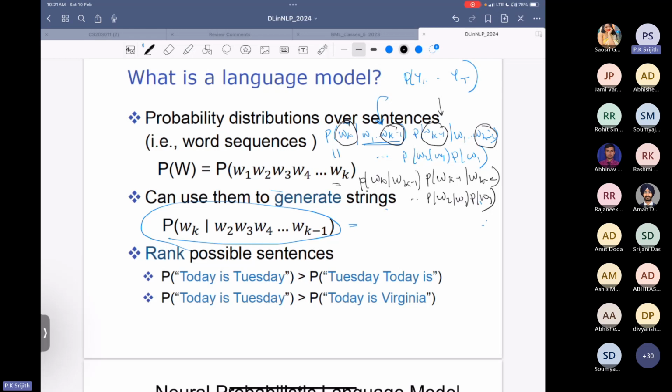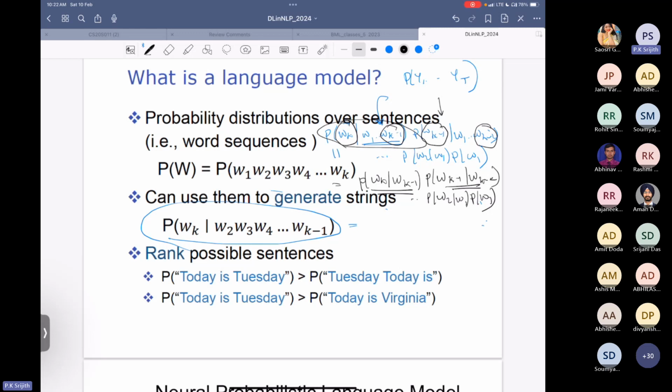Okay. So this would simplify the model a lot. The number of parameters that you want to estimate will be much smaller because you're just modeling the conditional between two random variables. And secondly, there are no sparsity issues. You will always find several possible combinations of WK minus 1, WK in your corpus, unlike this situation.